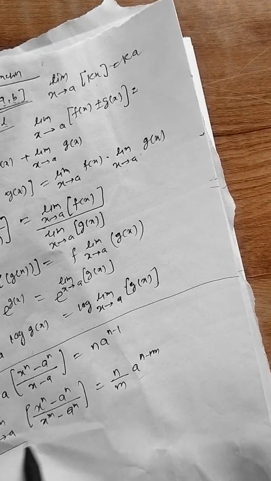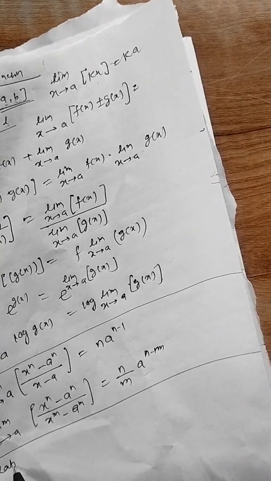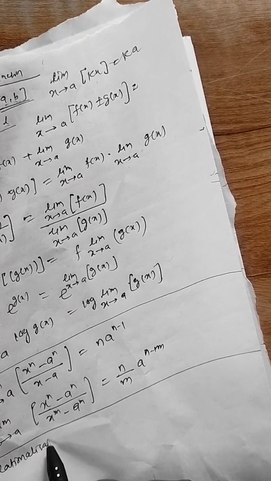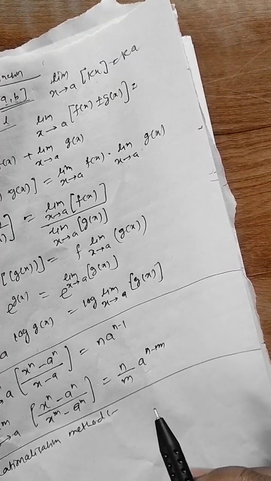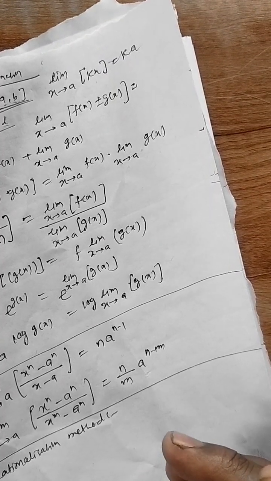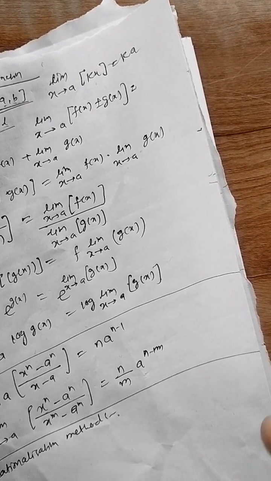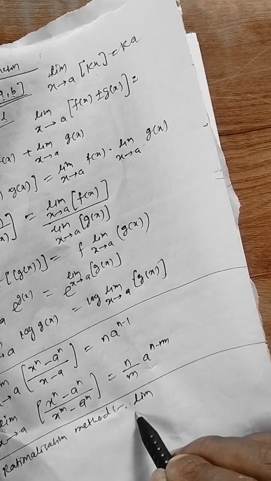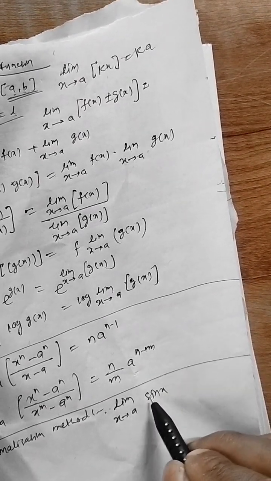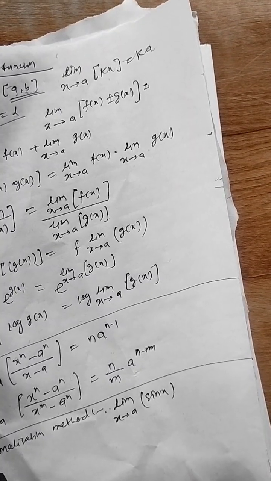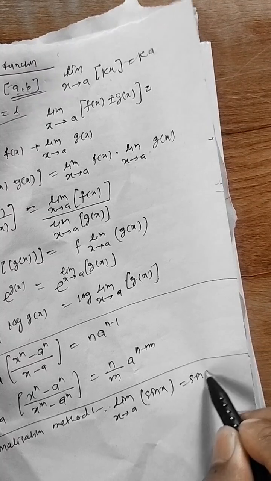Now, rationalization method. So in that, the limit of trigonometric function, limit x tends to a sin x is equal to sin a.